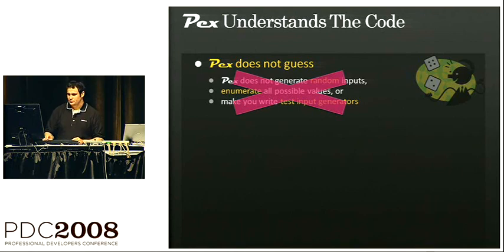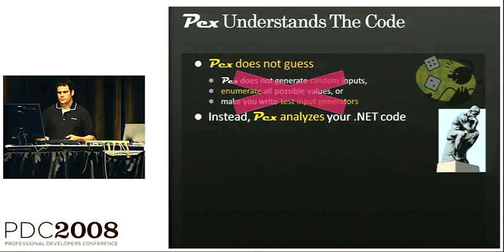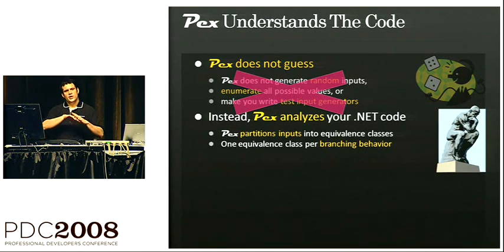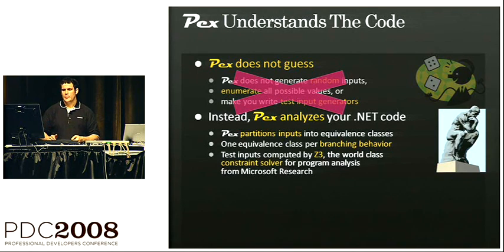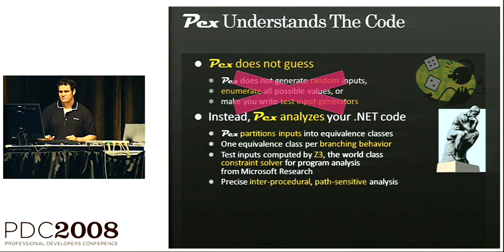Now what does PEX do? PEX really analyzes your code. So it looks at all the branches in the code, and then for each branching combination, it tries to come up with one input value that falls into this equivalence class for that branching combination. Then we use a constraint solver to come up with an input for that branching combination. So it's pretty sophisticated, but I don't go into the details now.